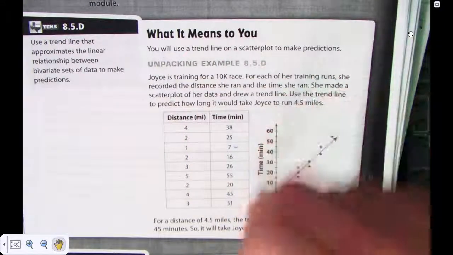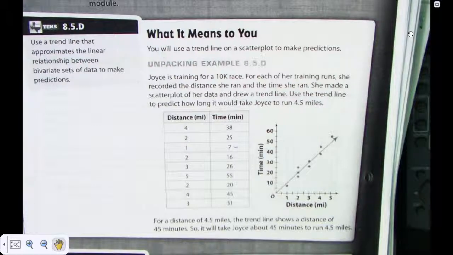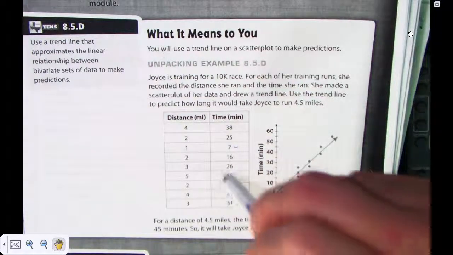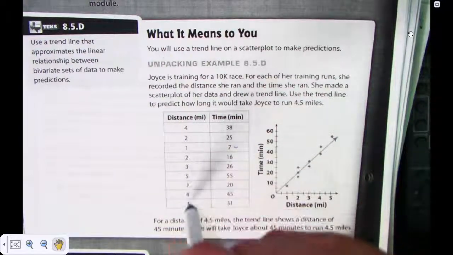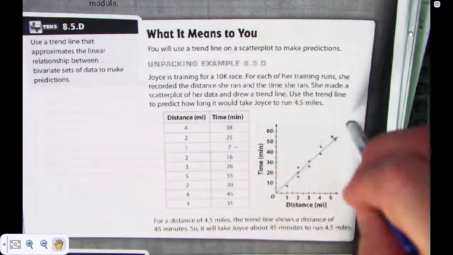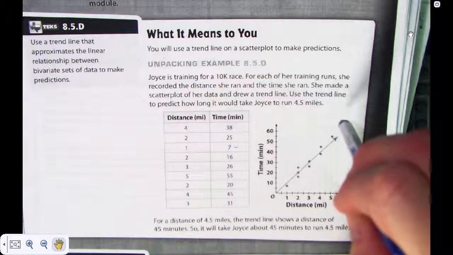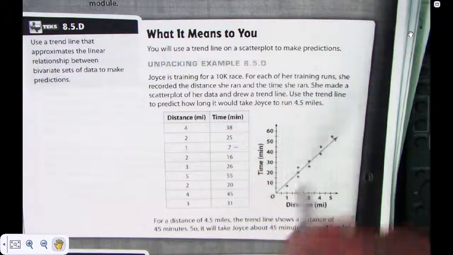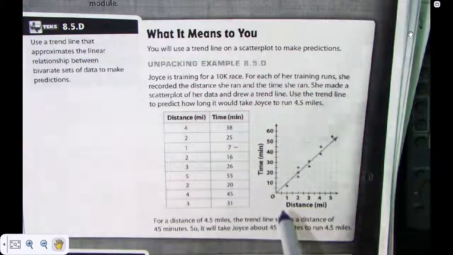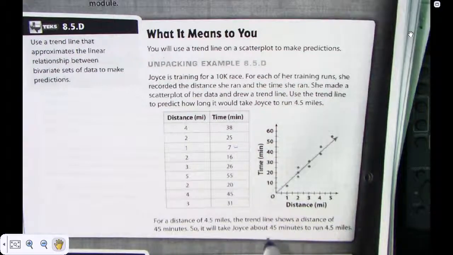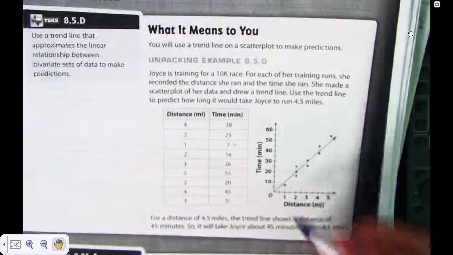This is Joyce. She's training for a 10K run. What it did was graph her distance, how many miles she ran, and her time. What do you notice about the points? They're not linear, but are they basically going up? Yes, it's positive.